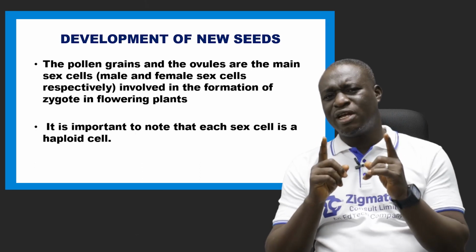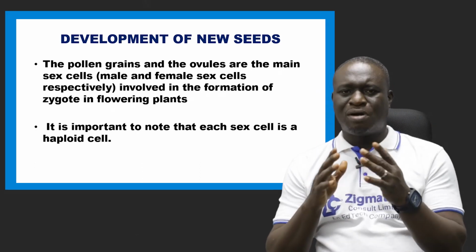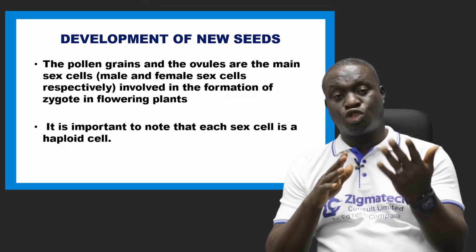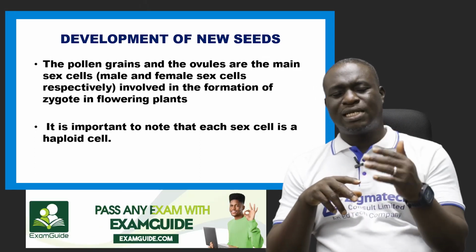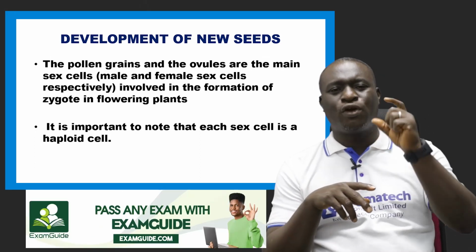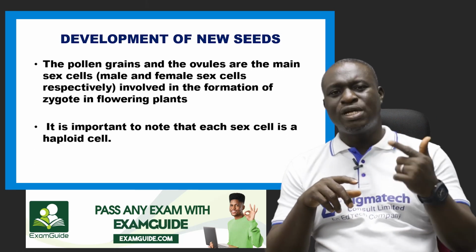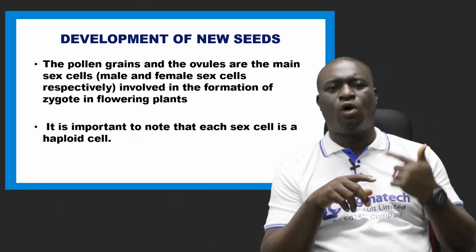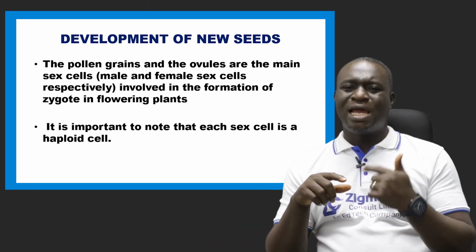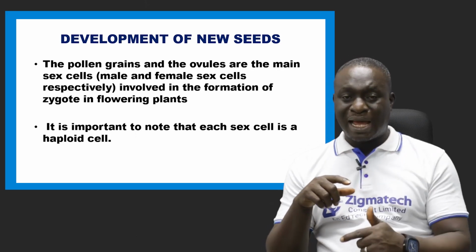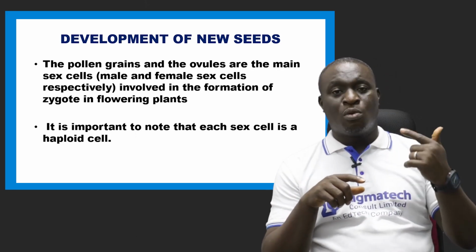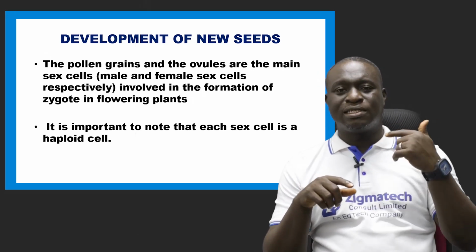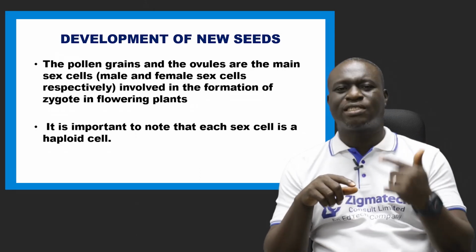Now, it is also very important to take note of this. Remember, we also said in reproduction in humans, which we used as our case study, that the gametes are all haploid cells. Why? Because during the formation of gametes, these sex cells undergo what we call meiotic cell division. In the same manner, in flowering plants, when these sex cells are being produced, they undergo meiotic cell division.